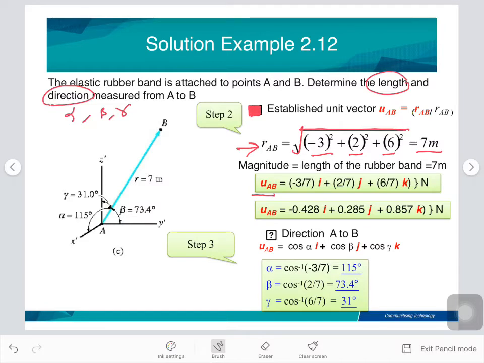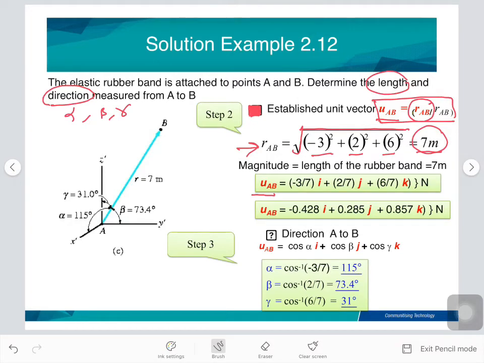The unit vector is equal to the position vector divided by its magnitude. So this position vector RAB, we have negative 3 divided by 7 in I plus 2 divided by 7 in J plus 6 divided by 7 in K. So don't forget.